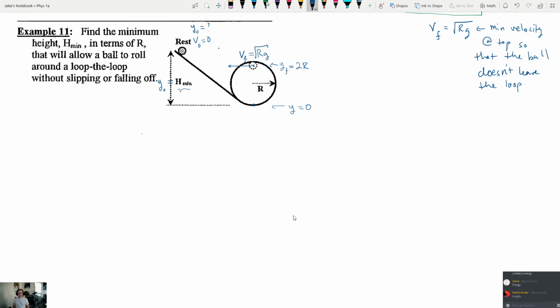What's the difference between a problem where you have an object like a block going down a ramp and a block going down a ramp like this? No, it's not because rolling's involved.